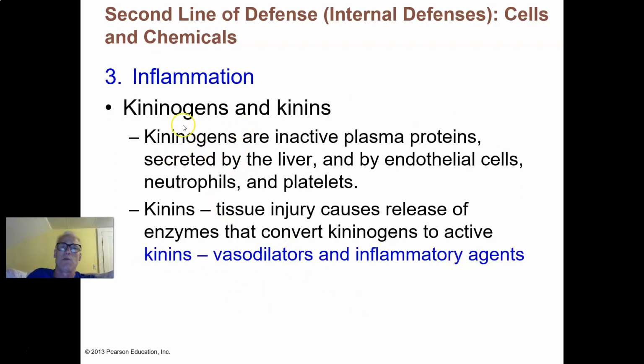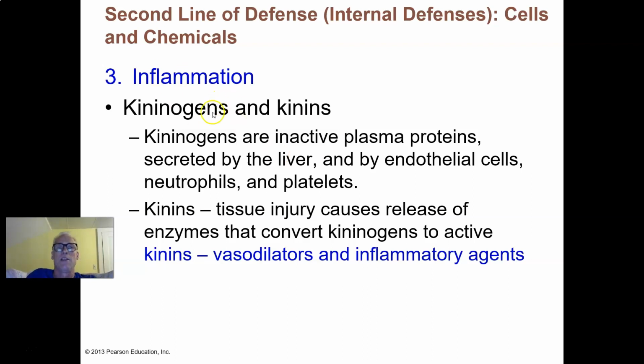Incidentally, kininogens, I just wanted to say something about them. Kininogens are precursor proteins in the plasma, secreted by a bunch of different cell types, particularly the liver. Just like fibrinogen is an inactive precursor that will be turned into fibrin when blood clots. We have angiotensinogen, which is an inactive precursor produced by the liver that, when we have renin, gets converted to angiotensin.